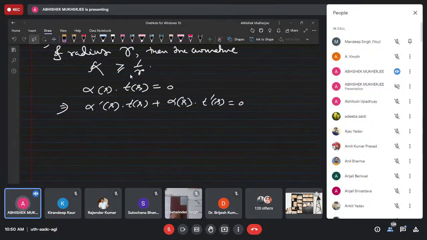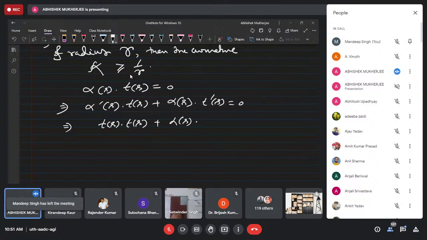Then by applying the Frenet formula you will have ts dot ts, and from this one it is alpha s dot kappa s eta s, right? This one.